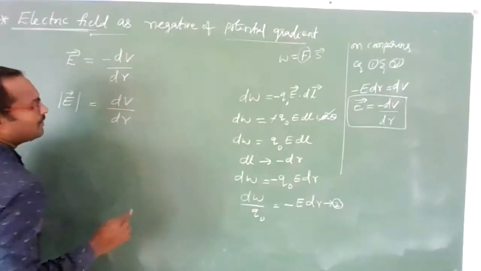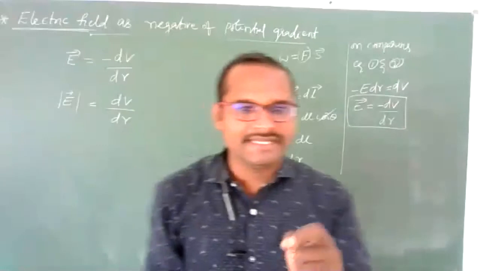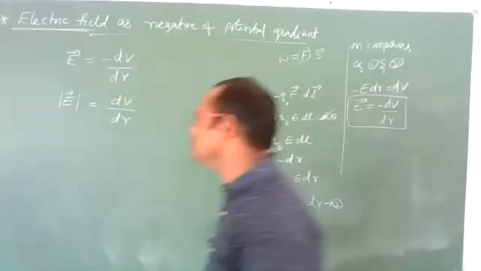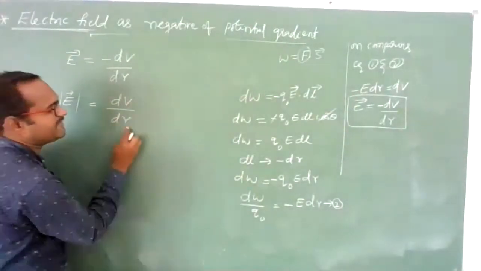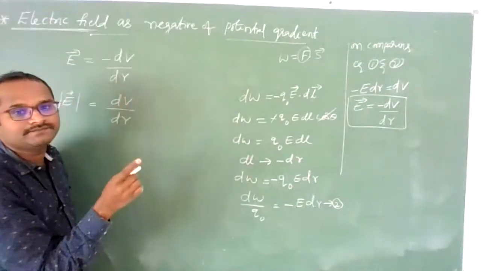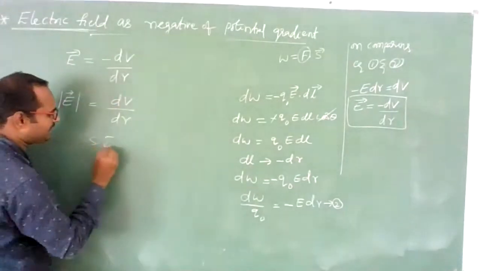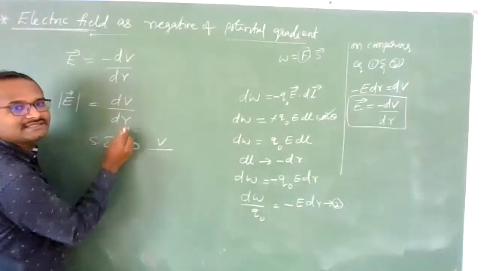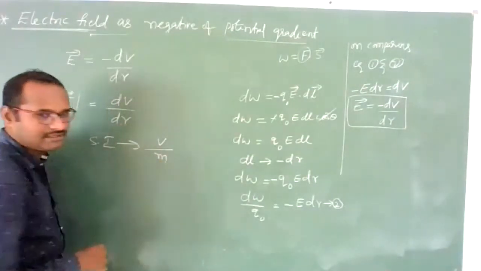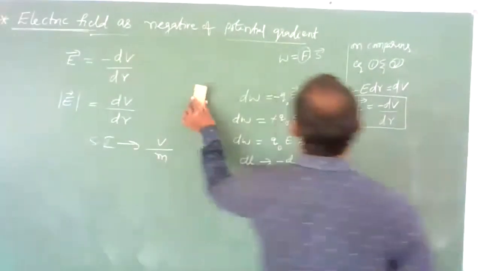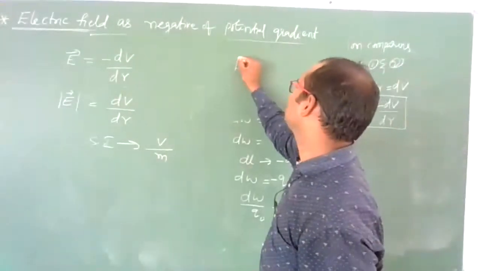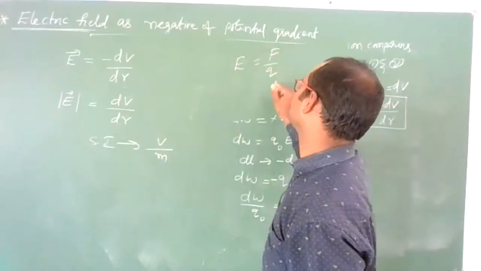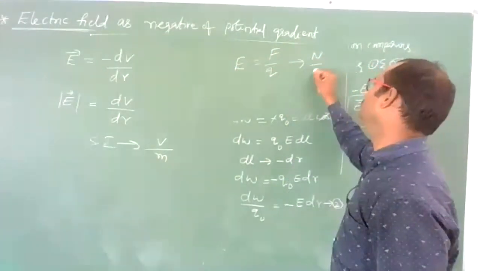Now, from this equation, let us write the unit of electric field. What is the unit of electric field? The formula is dV by dr. V indicates voltage, so the SI unit can be written as volt per distance unit, which is meter: volt per meter. Previously, you know that electric field can be written as force per unit charge, with SI unit Newton per Coulomb.